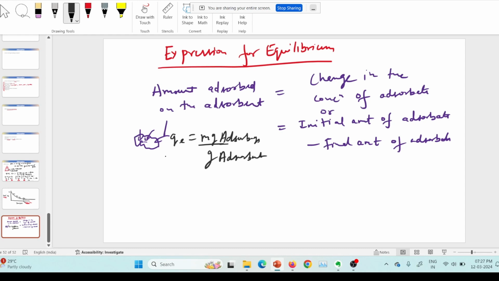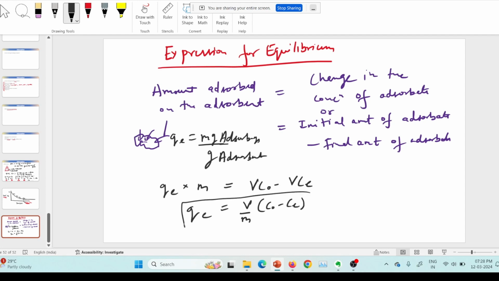So at equilibrium, the amount of adsorbate is qe milligram per gram of adsorbent into mass of adsorbent, and V into C naught will be the initial concentration, V into C will be the final concentration. So qe will be V by m into C naught minus C. This is the expression for the adsorbed phase concentration.